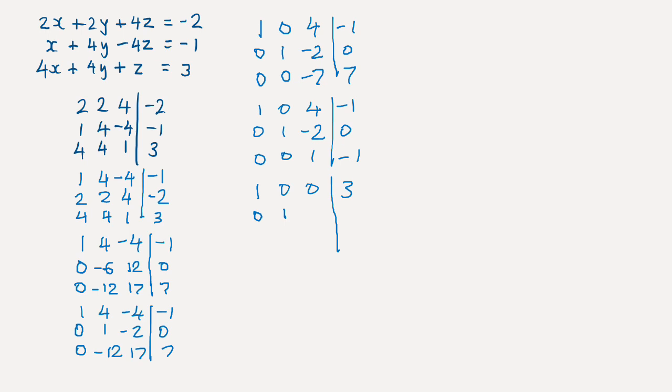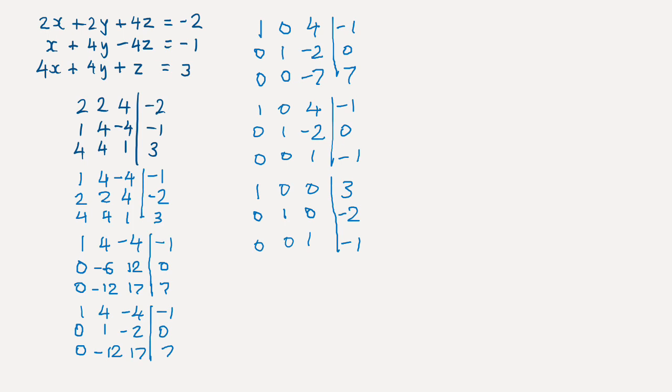We're adding 2 times the third row, so we'll get a 0 here, and then we've got 0 and we're adding 2 times minus 1, so we'll have minus 2 here, and then 0, 0, 1 and minus 1. Okay, so I think we have a solution.